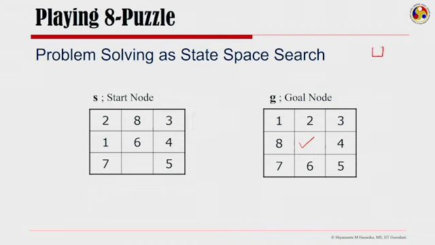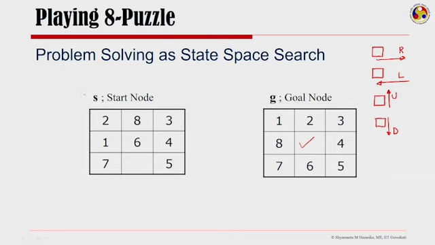We could have the empty move to the right, the empty move to the left, a vacant tile position that moves up, and a vacant tile position that moves down.